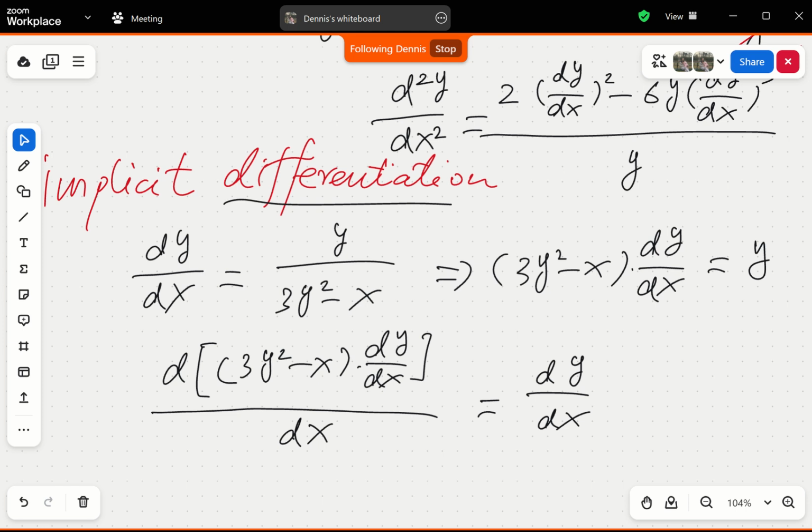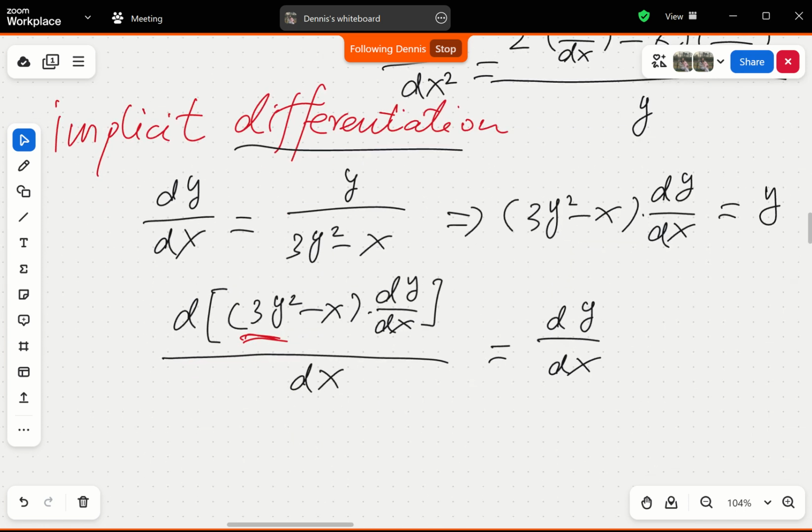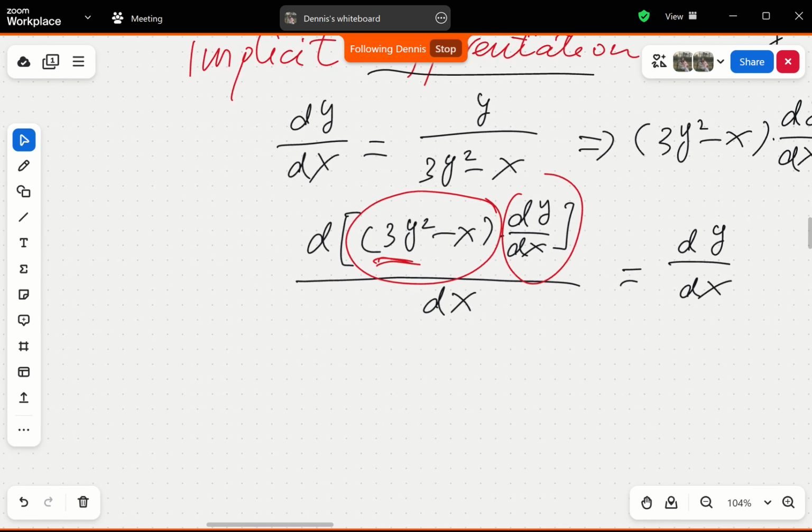Here clearly we're gonna apply the chain rule again. But prior to that, we notice this is a product expression. It's 3y squared minus x multiplied by dy with respect to x. So we should apply here the product rule.